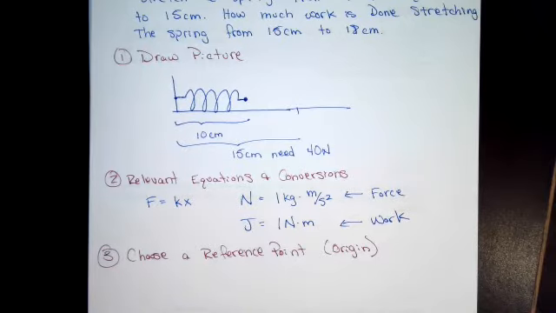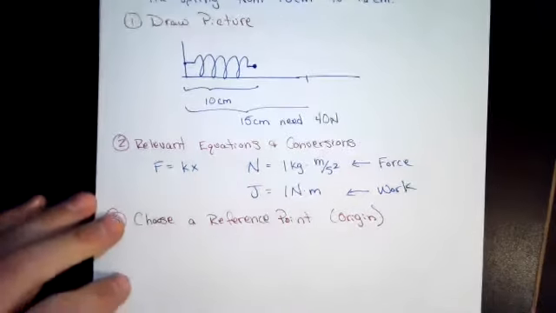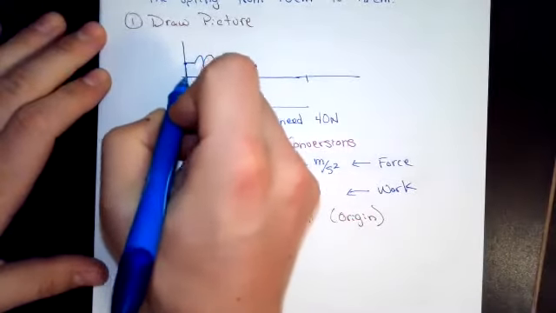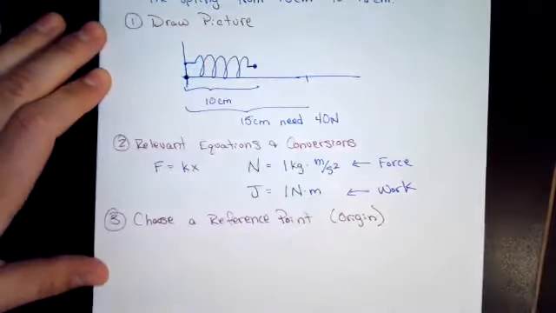You just have to figure out all of your equations, all your geometry based off of where you choose your reference point. So in this case, our reference point, it's pretty natural, right? We should choose our reference point as just somewhere over here, right at the end of the spring.